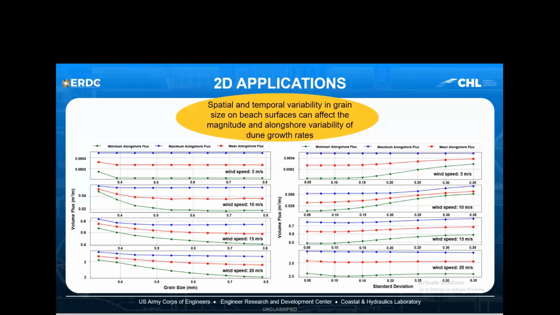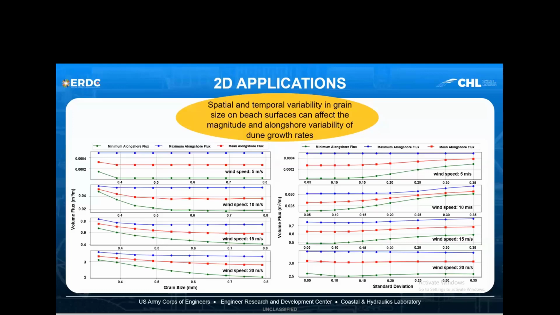And when we're looking at these higher wind speeds, where we're seeing a higher range in the minimum and the maximum, the coarse deposits are starting to have a little bit more of an impact. And you see that with the 10 meter wind speed as well, it just seems to level out a little bit sooner in the overall grain size.